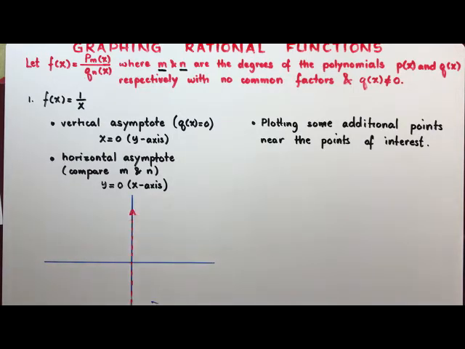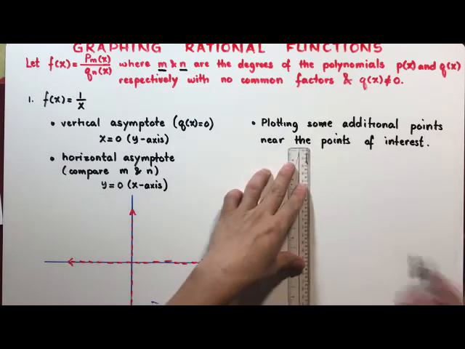I'll be using a dashed line. And we can also sketch our horizontal asymptote, which is the x-axis. Take note, asymptotes are not part of the graph. These are lines that the graph approaches more and more closely but will never touch.